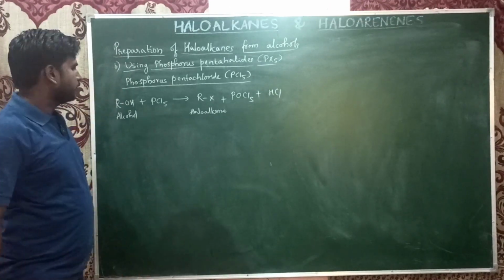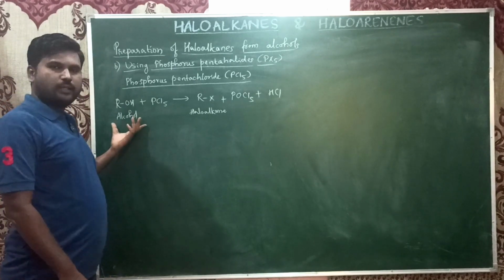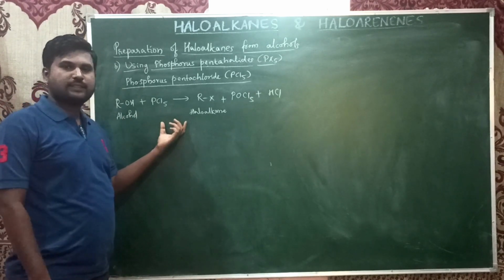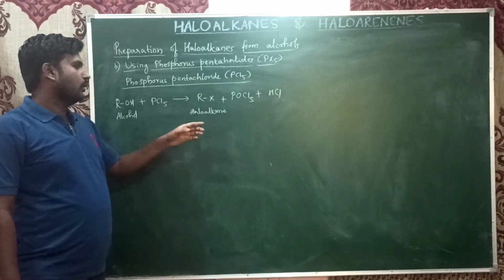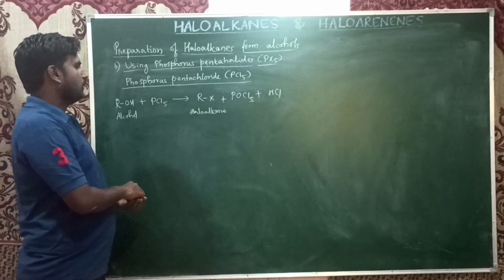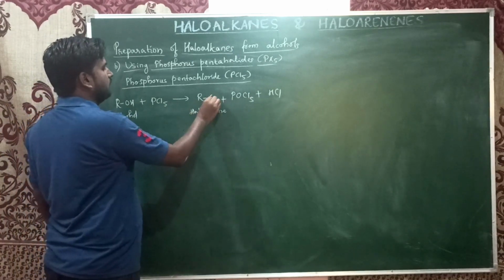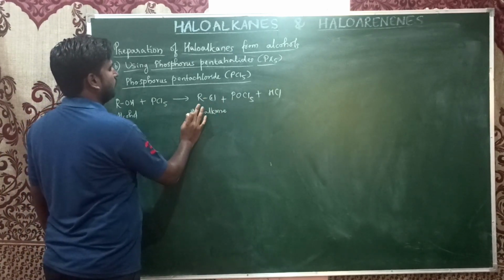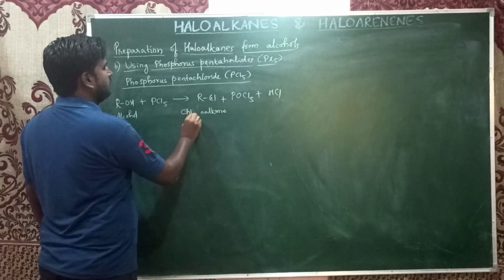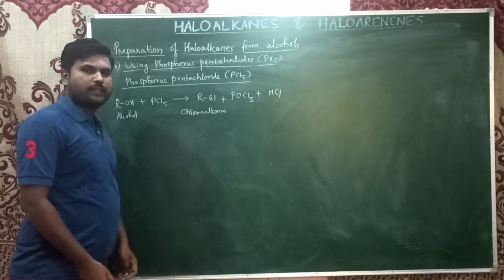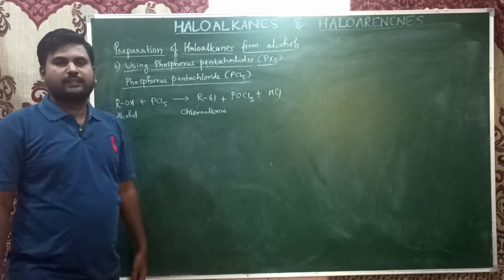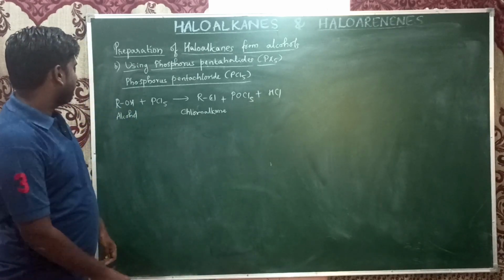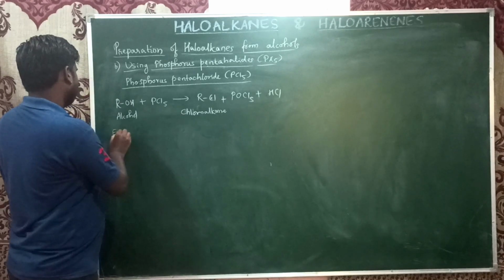So the alcohols, when they react with phosphorus pentachloride, give us chloroalkanes only as the products. In general, haloalkanes, here chloroalkanes, with the elimination of phosphorus oxytrichloride and HCl.